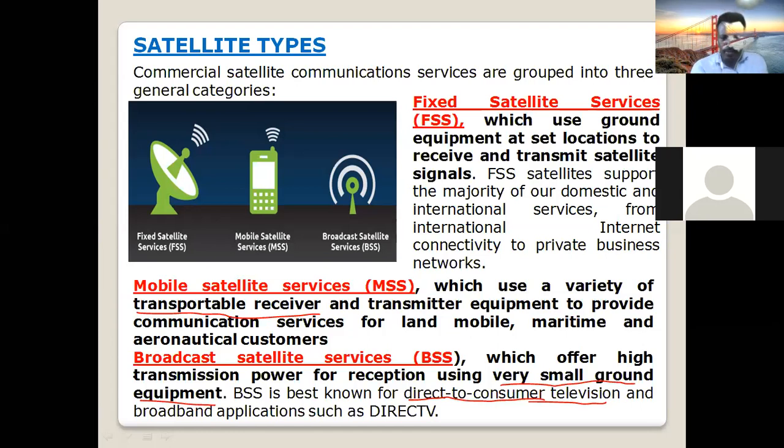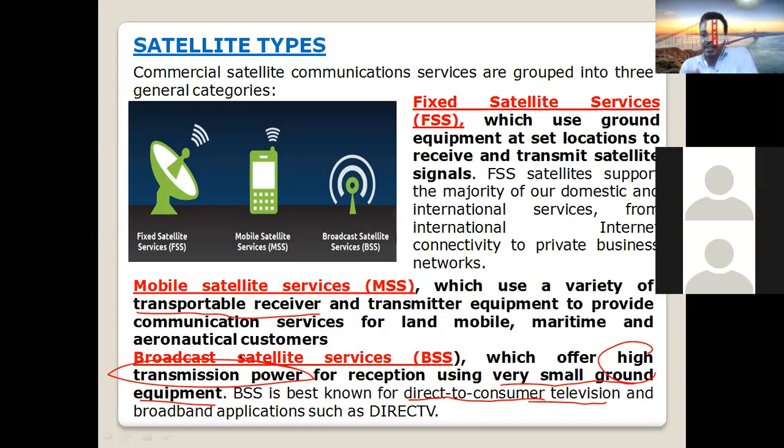It needs very high transmission power from the satellite, okay? For fixed satellite service, with one big Earth station, we don't need that much high power. But for broadcast satellite service, each individual customer directly connects with the satellite using small devices. In this case, we need high power transmission.